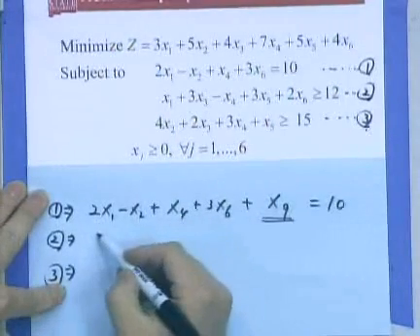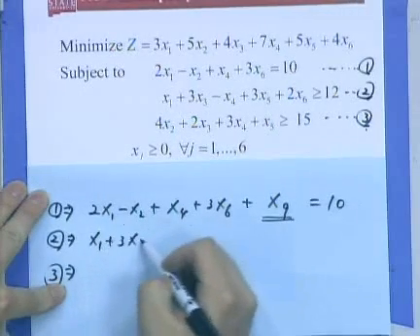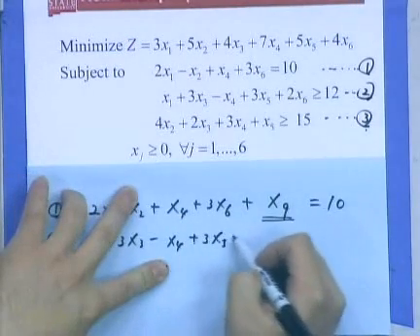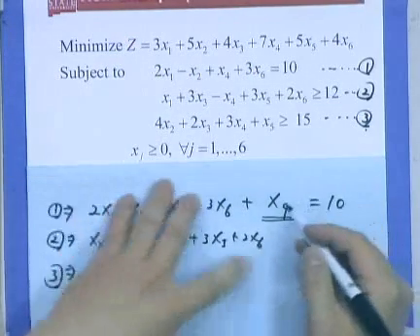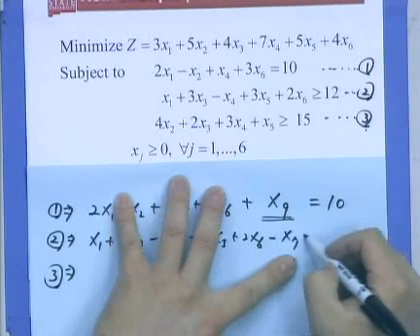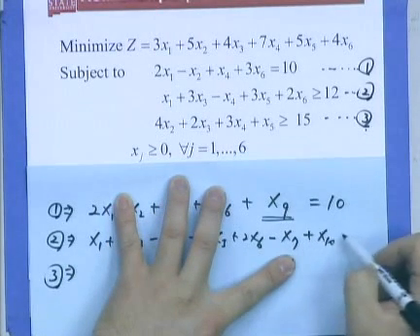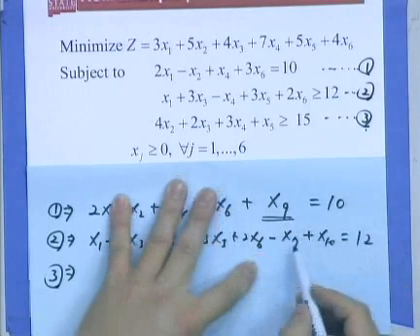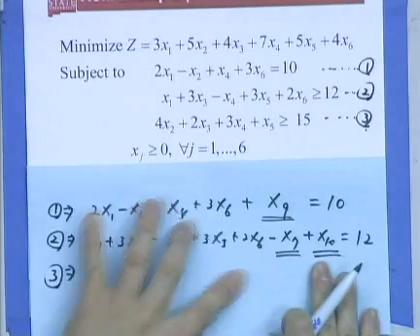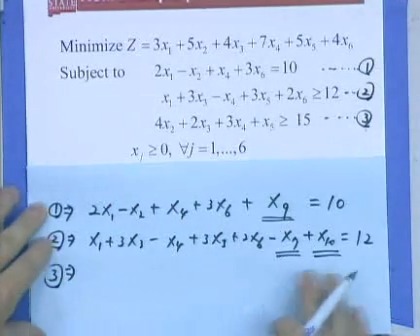And second constraint becomes x1, 3x3, x4, 3x5, 2x6, minus x7 plus x10, right? In that case, x7 is the surplus variable and x10 is the artificial variable, right?